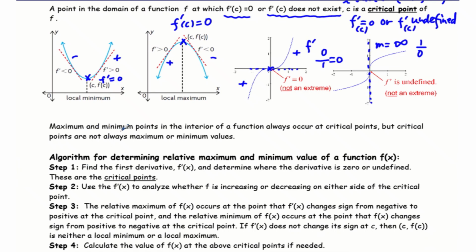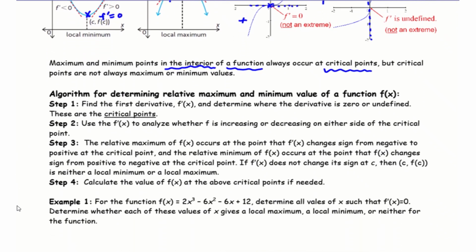The maximum and minimum points in the interval, not including the endpoints, always occur at critical points. But critical points may not always give you a maximum or minimum value. This one has no maximum or minimum here.